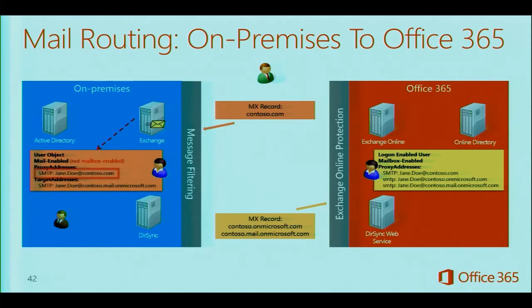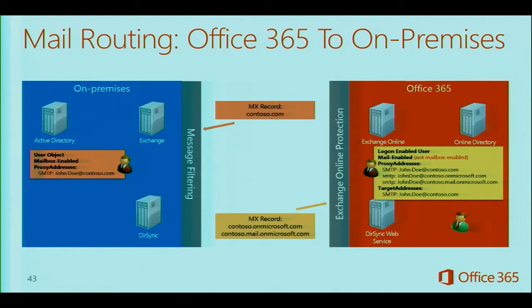It's going to find out her address and her target address. It'll look up the MX record for contoso.mail.onmicrosoft.com, send that over to Exchange Online, and Exchange Online will go ahead and deliver it to that user's mailbox. Pretty simple and straightforward mail flow routing. All right.